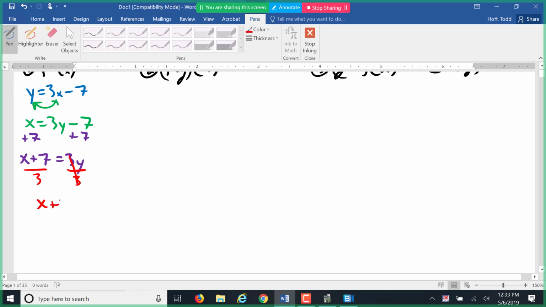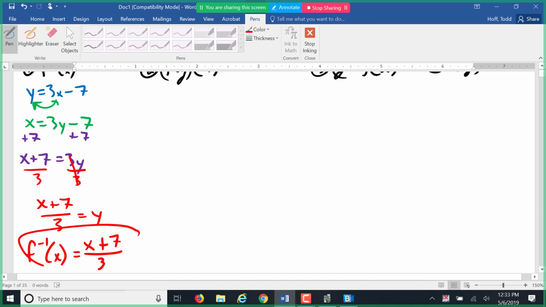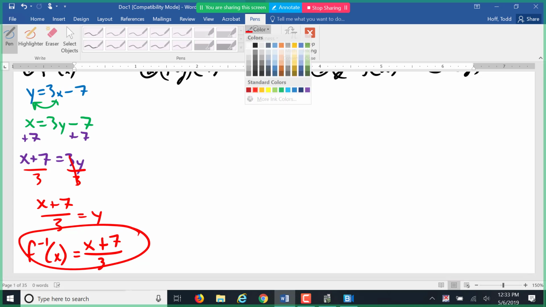So x plus 7 over 3 equals y, or if I rewrite that, f inverse of x, which is what y is, is x plus 7 over 3. Or 1/3 of x plus 7 over 3, however you want to write it with the fractions in it. Any questions on that part, finding the inverse?